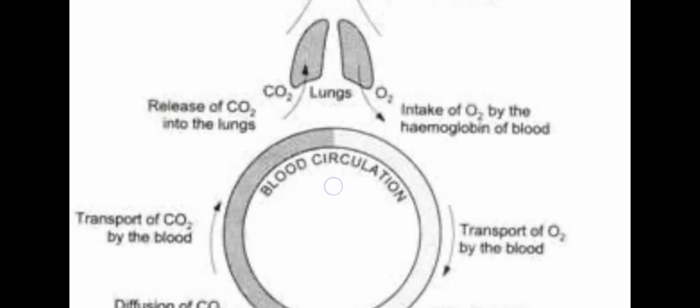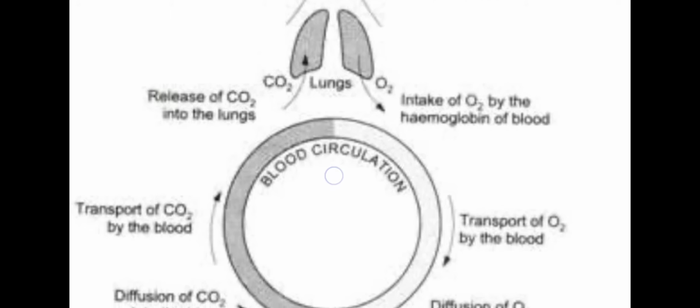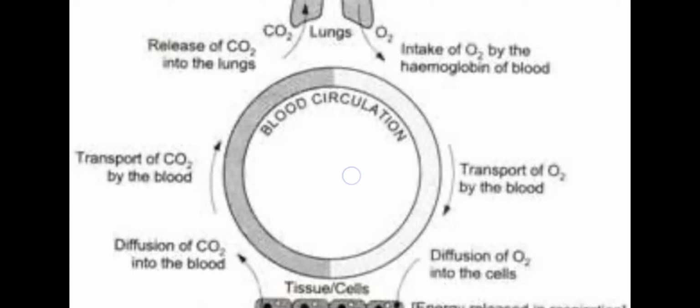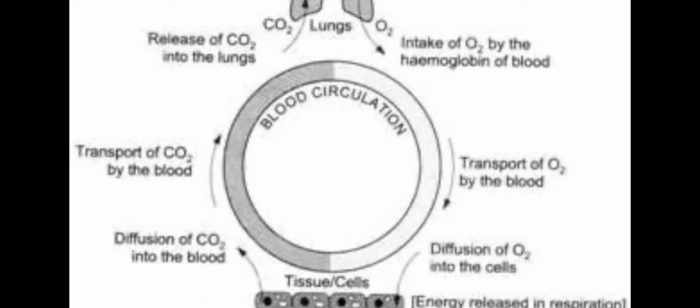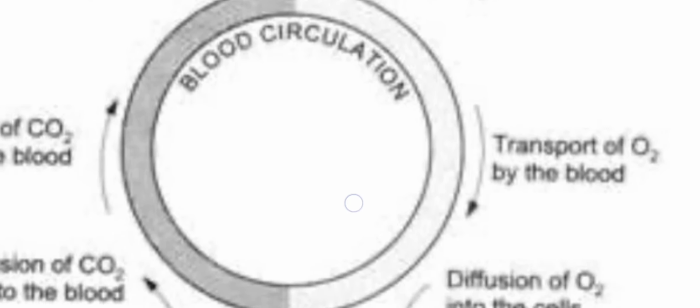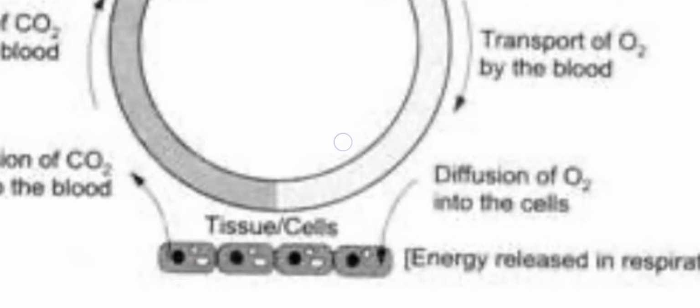You very well know the blood has a pigment which is known as hemoglobin. Because of this hemoglobin, the blood is red in color. Now this hemoglobin combines with oxygen and forms oxyhemoglobin, and in the form of oxyhemoglobin the oxygen is transported to tissues. When the oxyhemoglobin reaches the tissue, it again dissociates, or splits, into hemoglobin and oxygen.